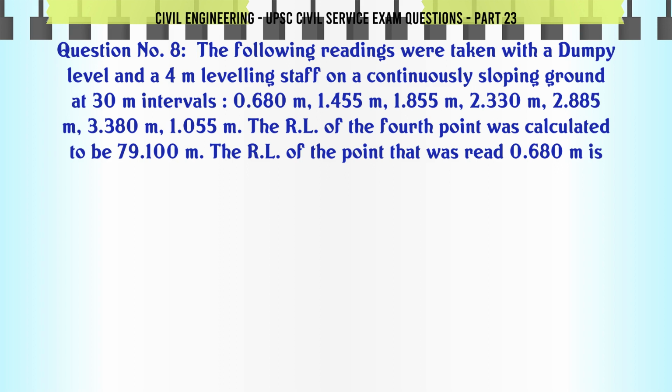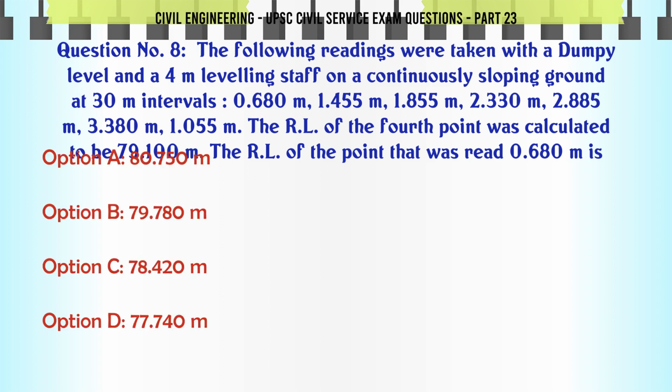The following readings were taken with a dumpy level and a 4 m leveling staff on a continuously sloping ground at 30 m intervals: 0.680 m, 1.455 m, 1.855 m, 2.330 m, 2.885 m, 3.380 m, 1.055 m. The RL of the fourth point was calculated to be 79.100 m.